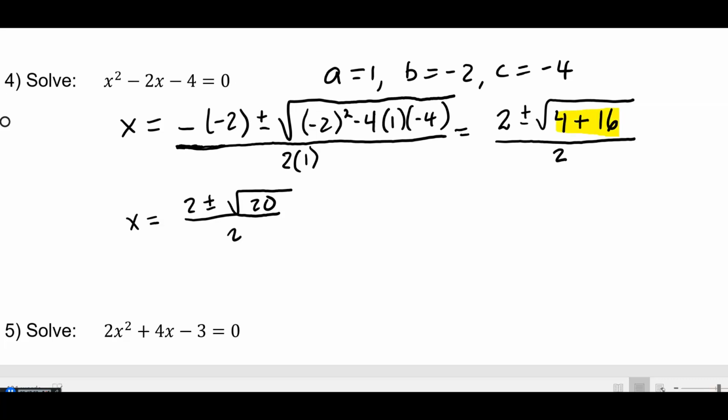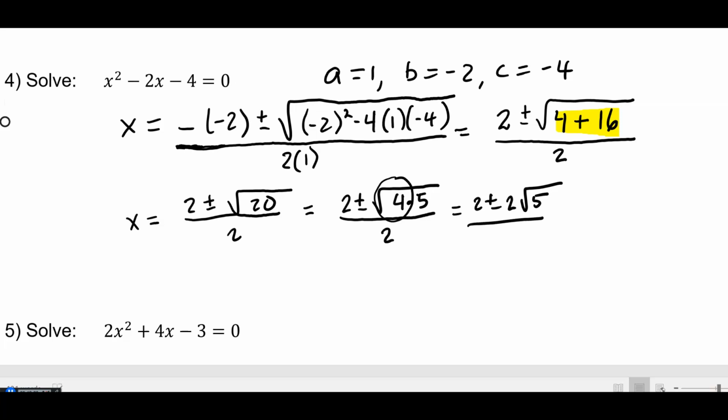Now here's a different case, because 20 actually contains a perfect square factor of 4. So we're definitely going to have to break out that perfect square. You're going to have to break out of that radical. So because the square root of 4 is 2, it needs to go on the outside of that radical, and that 5 remains under.